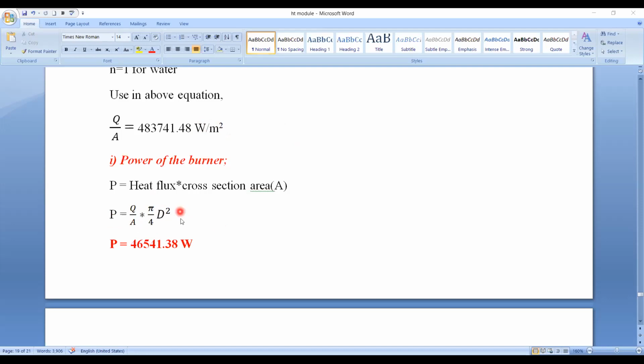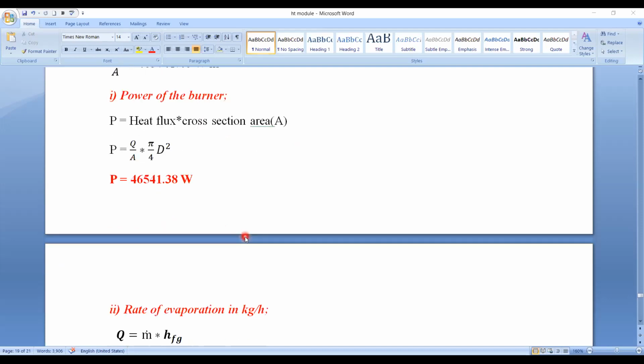The diameter is given, so the area of cross section is pi by 4 d square, into Q by A as it is. Now power P in terms of watt is 46541.38 watts. So this is the answer for the first bit.